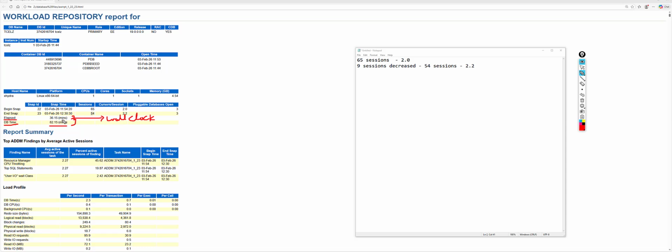Okay, so here wall clock time is 36 minutes. How do you calculate this? Just subtract the snapshots. This is the end snapshot, this is the beginning snapshot. Just subtract 1230 minus 1154. What is the time duration between these two times? It's almost 36 minutes, right?